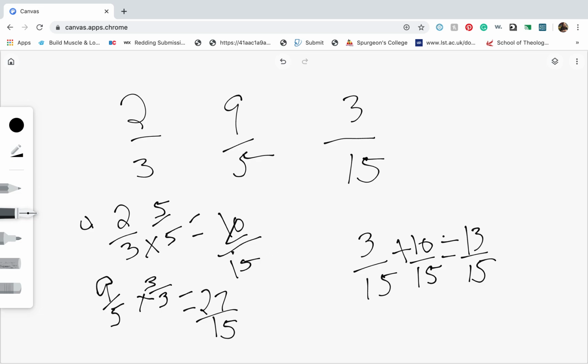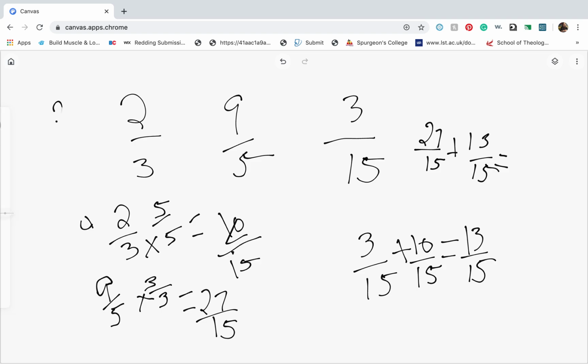Now what I'm going to do, I'm going to add 27 fifteenths to 13 fifteenths, and I'll pick this space up here. So 27 fifteenths plus 13 fifteenths. And I'm going to go ahead and add those together. Let's just do this here.